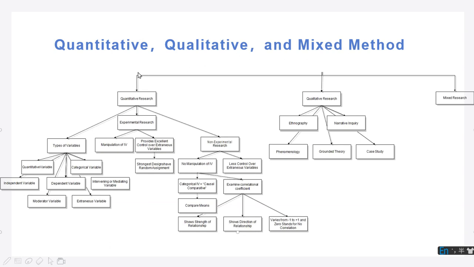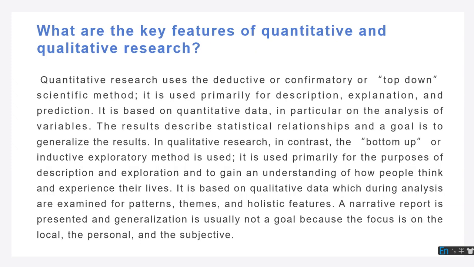And I have been able to describe and explain the different types of variables and distinguish when each of the 3 major research paradigms would be appropriate to use. First, I will talk about what are the key features of quantitative and qualitative research.